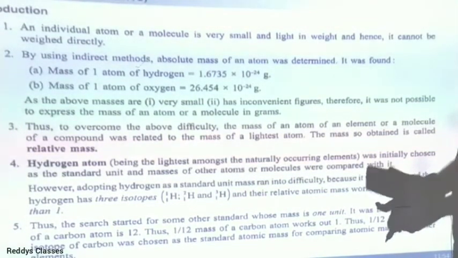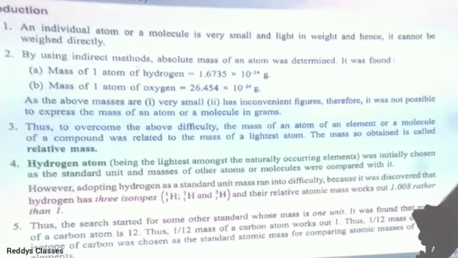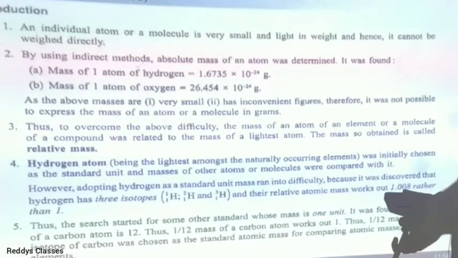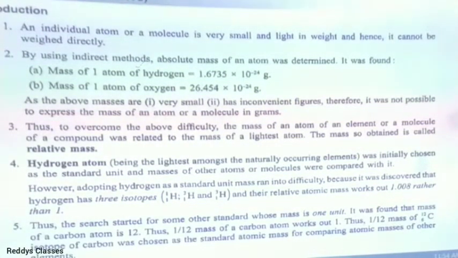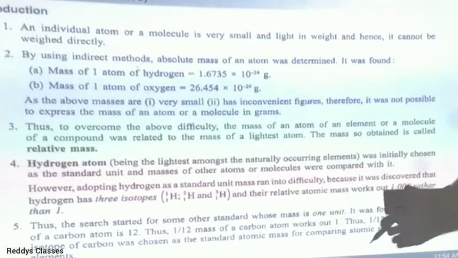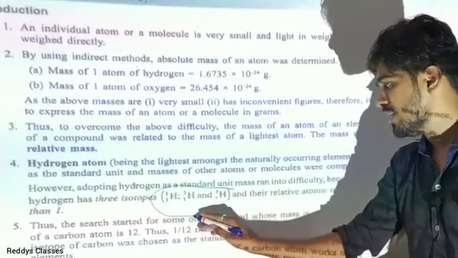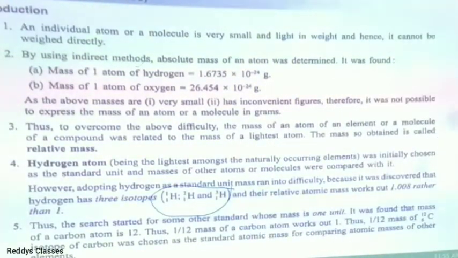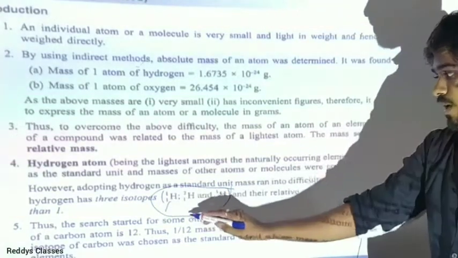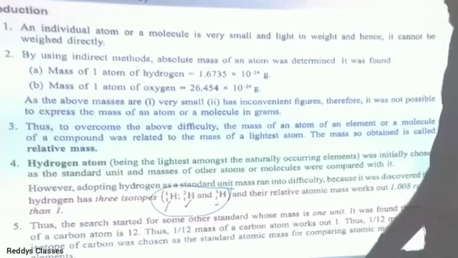However, adopting hydrogen as a standard unit of mass ran into difficulty because it was discovered that hydrogen has, what was the difficulty? As I said, hydrogen has three isotopes, H11, H21, H31.